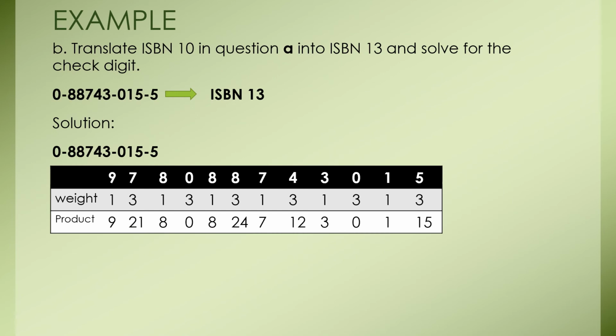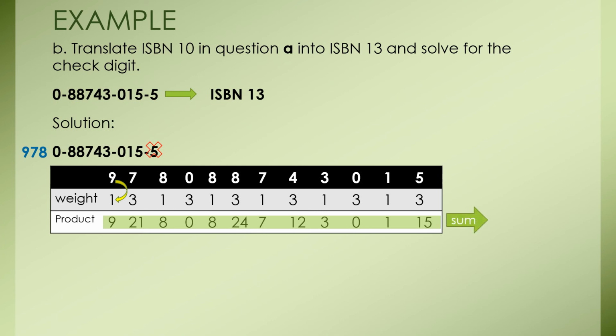So here, we're going to translate the ISBN 10 obtained in question A into ISBN 13. We take the 10-digit ISBN, drop the last character, tack on 978 to the front, and calculate the new check digit. It's the same process as we discussed earlier. We consider the weights as alternating 1s and 3s.